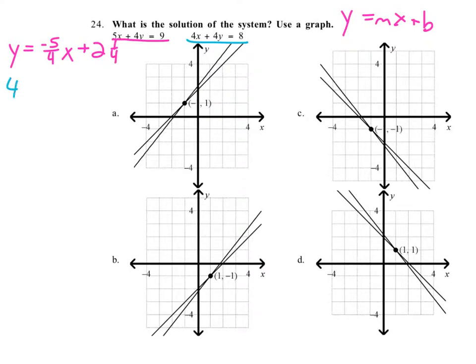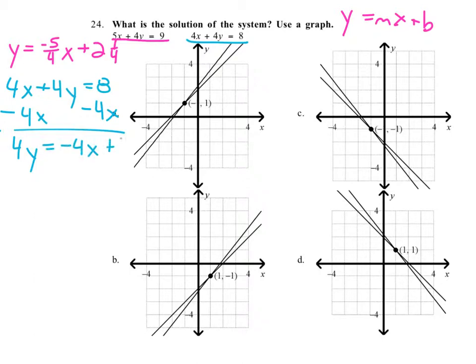Okay, 4x plus 4y equals 8. Now, if I want to solve for y, the first thing I need to do is get everything that's not part of the y's off of that side. So I'm going to subtract away those 4x's, and I get 4y equals negative 4x plus 8.